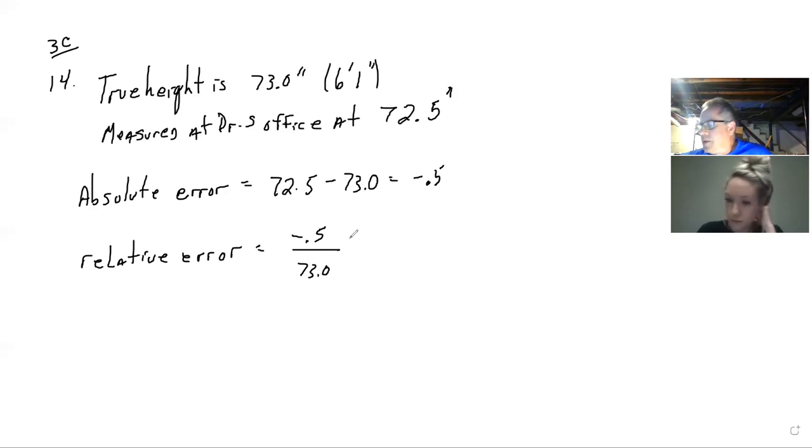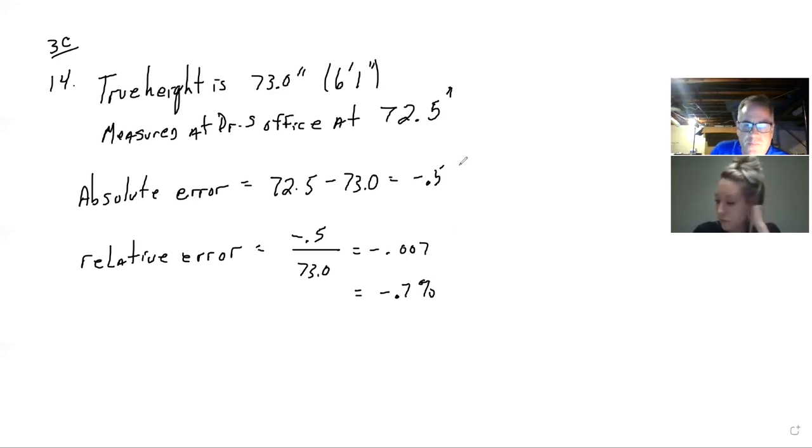And that comes out to be negative 0.007. Or you can say negative 0.7%. I just turned it to a percentage there, just moving the decimal place twice. And that's it. So you were asked two things: your absolute error, which we got here, and your relative error, which is right there.